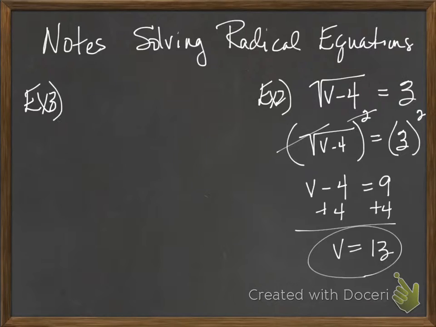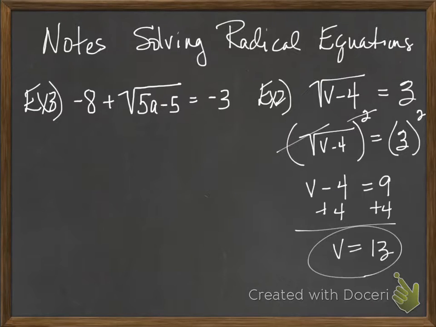All right, so here's one that's a little bit harder. Negative 8 plus 5 times the square root of 5a minus 5 is equal to negative 3.